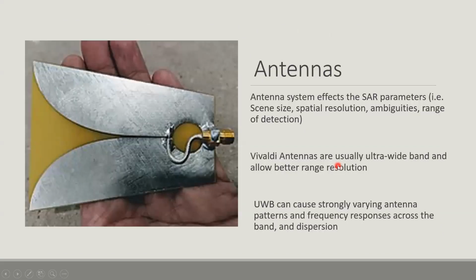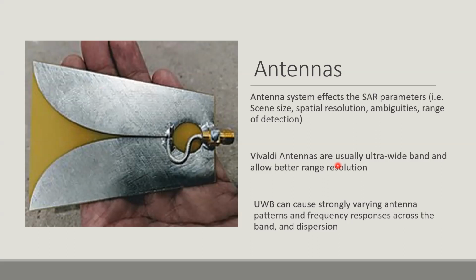Another important aspect to talk about is the antennas that are going to be used for the system. The antennas used for SAR are important because they affect the scene size, the spatial resolution, unambiguous ranges, and the range of detection.